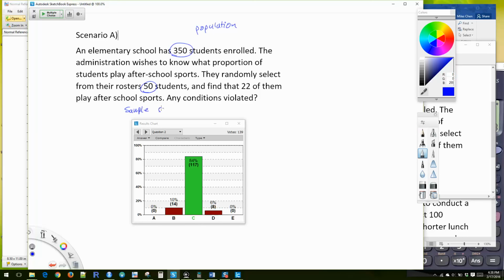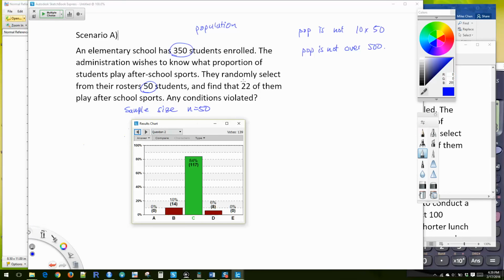Sample size n, so n is 50. So our population is not 10 times bigger than 50, okay? Our population should be bigger than 500, and it is not. So that's going to create some issues for us.